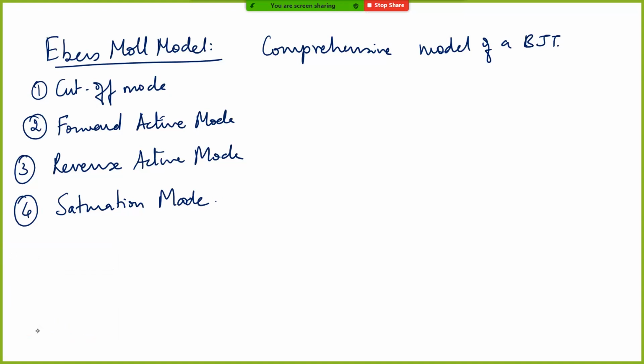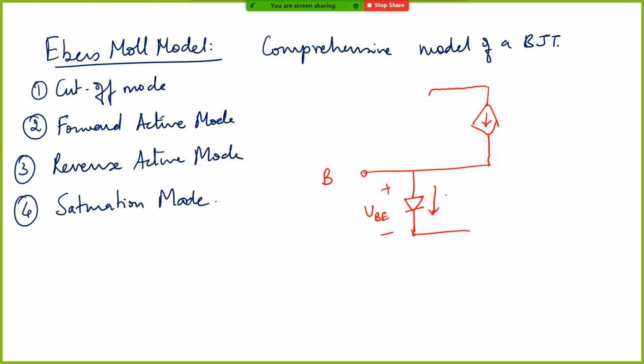Let's start with our forward active mode. How did we say that our forward active mode was behaving? We said that we had a diode. Let's say this is our base, and this is our emitter terminal. We had a diode here, and we had a dependent current source in this particular direction. This is plus minus VBE, and let's say there is a current flow here, which we label as IDE.